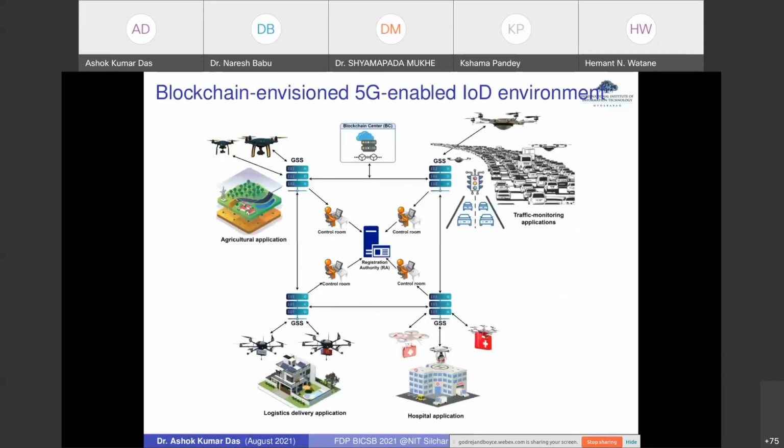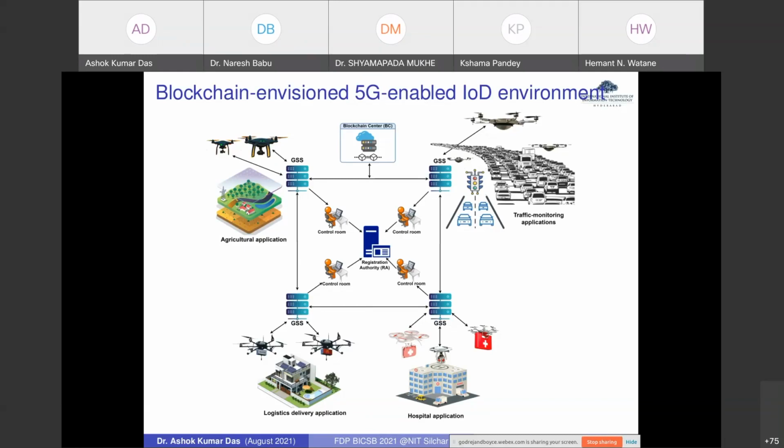In this scenario, the case study that we have taken is a 5G-based IoT environment with the help of blockchain technology, where there is an authority known as the registration authority, which is responsible for registering the control rooms. Control rooms are responsible for registering the ground station servers, and ground station servers control the drones with the help of the control rooms.